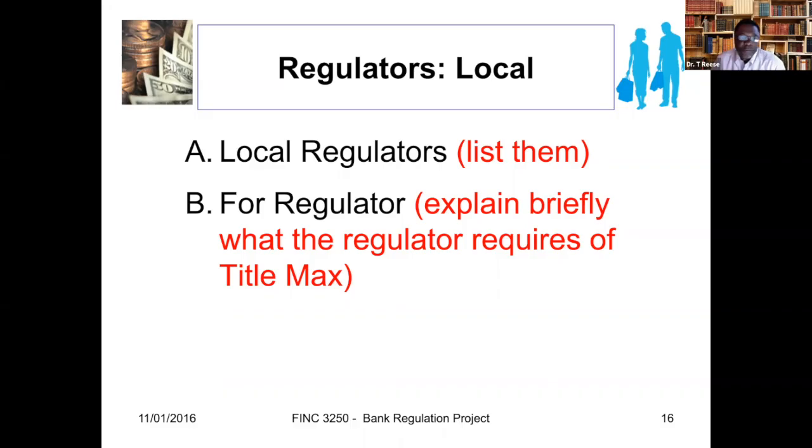As you are reviewing the federal, state, and local regulators, you may want to keep in mind what the objectives of bank regulation might be. There are 2 main objectives or goals of bank regulation. So you may want to keep those in mind. And you also want to keep in mind what mechanisms the regulatory provisions employ.